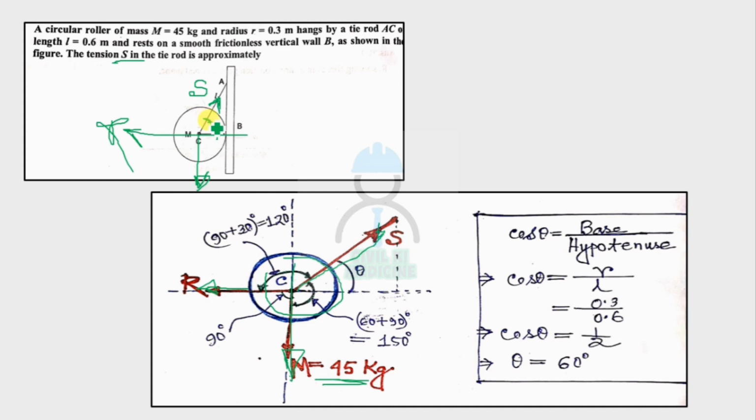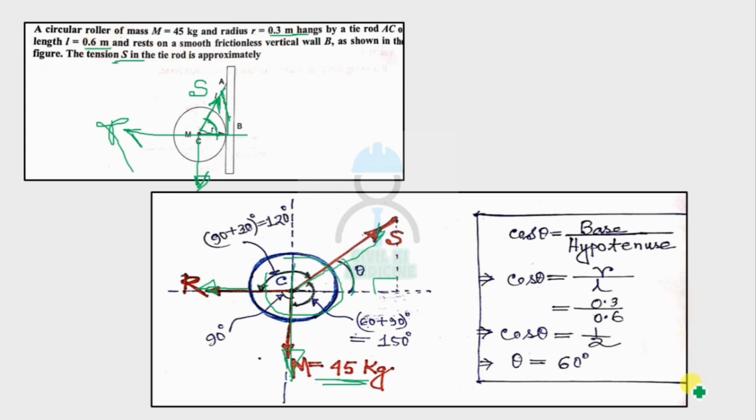By using trigonometric functions I will find the angle, this one. If we consider this a right angle triangle, see here, suppose this is a right angle, then R and L are given. See the question, R equal to 0.3 meter and L equal to 0.6 meter.